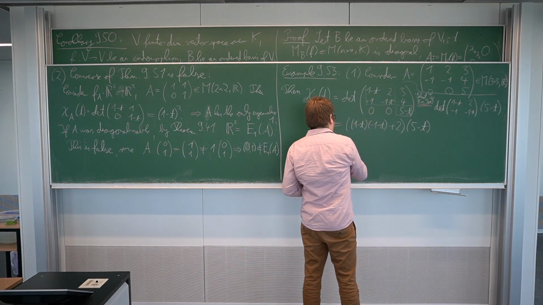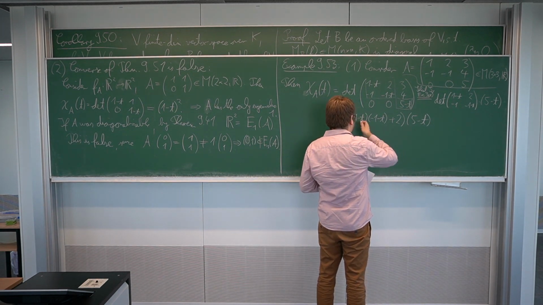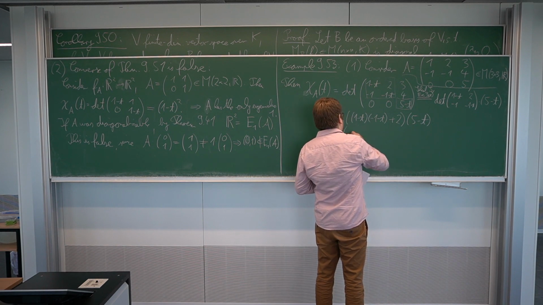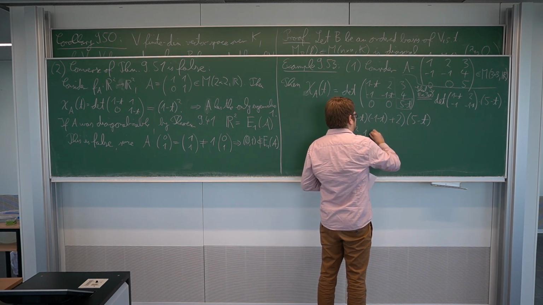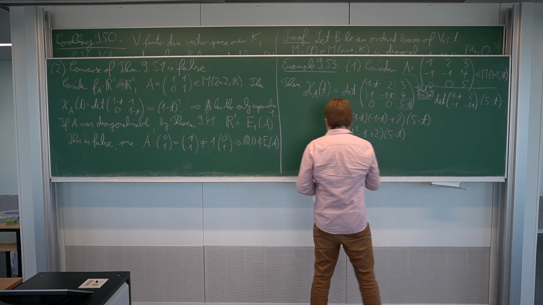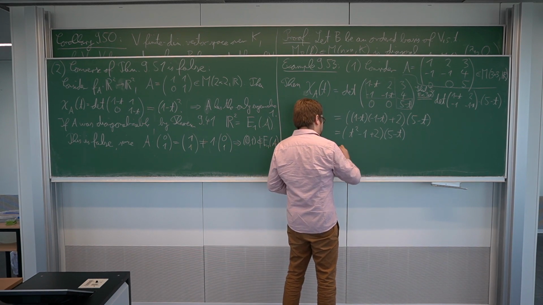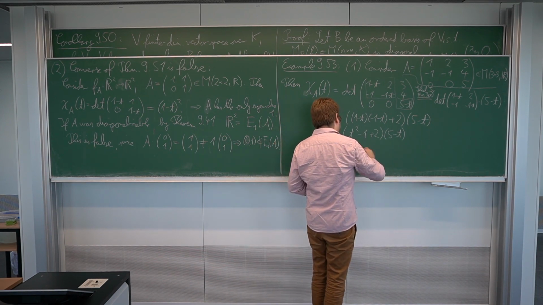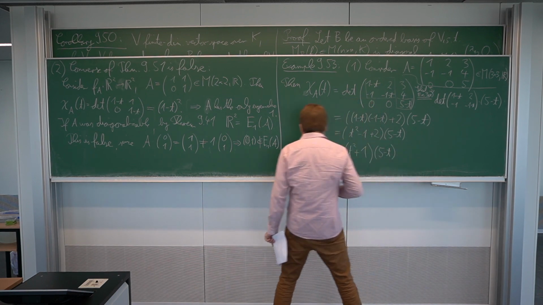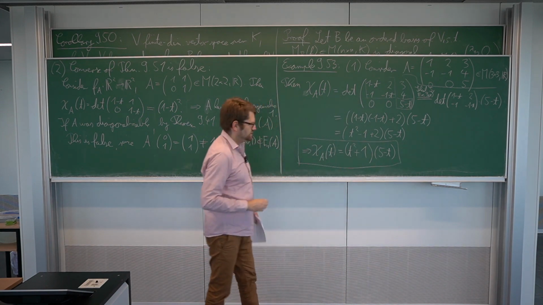This is the same as t minus 1 times t plus 1, if we add 2 signs here. So this is t squared minus 1 plus 2 times 5 minus t, so chi A of t is t squared plus 1 times 5 minus t.